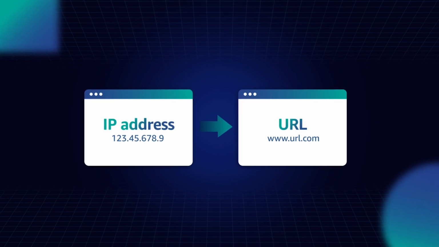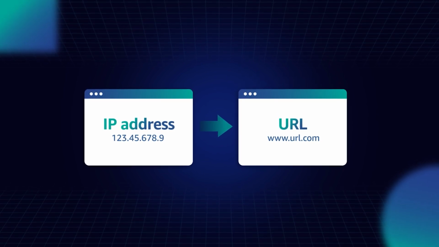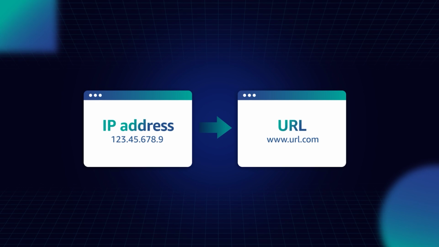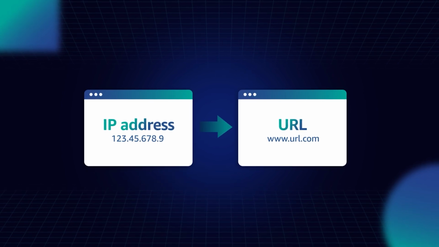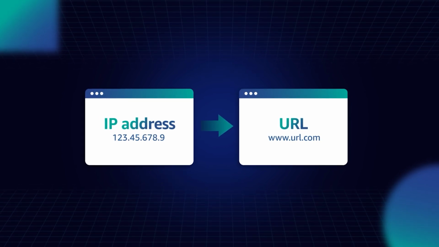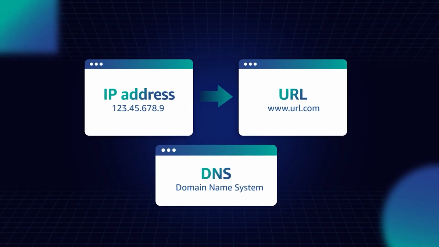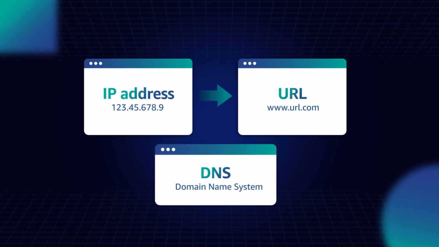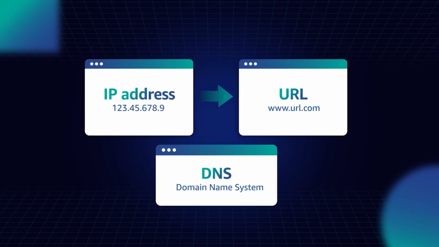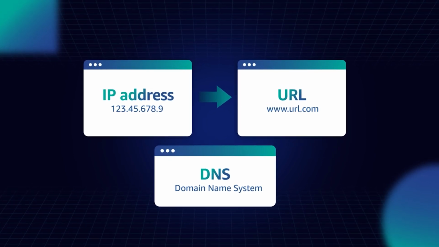It has a name associated with that particular IP address. It can be like www.google.com. So instead of remembering the IP address, you just remember the URL. And then we have the DNS, which is the Domain Name System. It is like the phone book of the internet. It helps you map the IP address to the domain name.